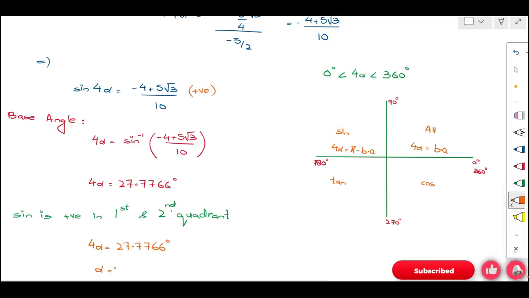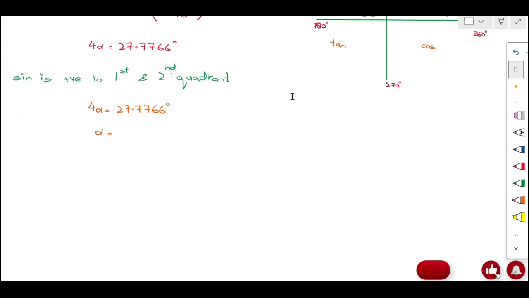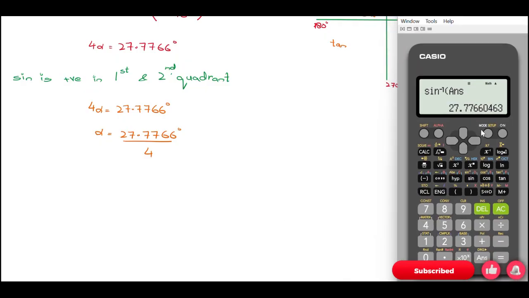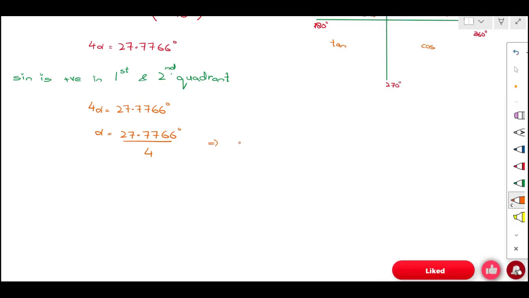And what is your alpha value here? It is 27.7766 divided by 4. You will get some alpha. Okay, so this thing divided by 4, 6.944 or 6.9. So from here we have alpha equal to 6.9 degrees. This is your first solution.